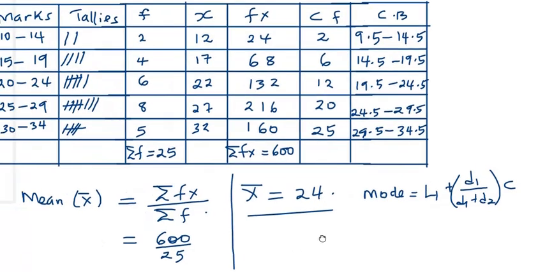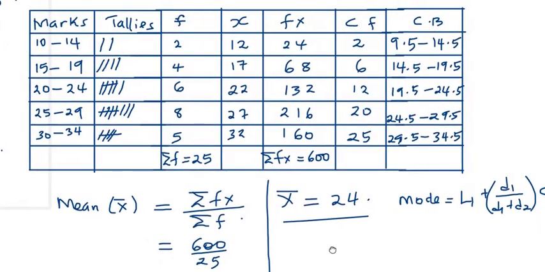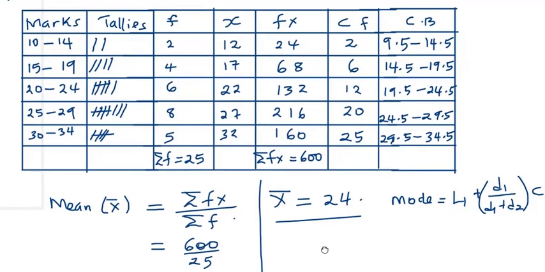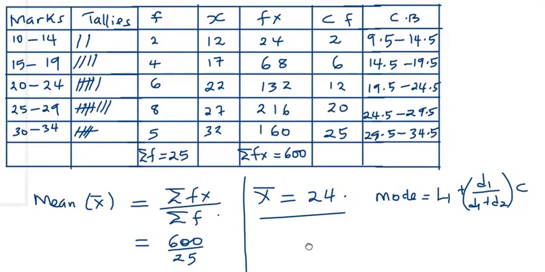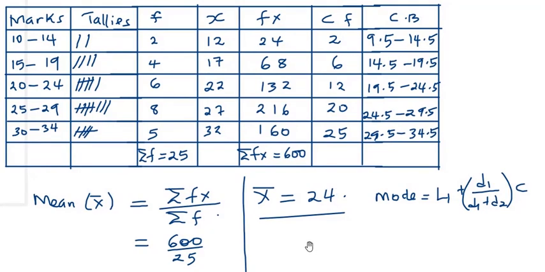Now, for the case of grouped data, it's not obvious, so we have to find it, okay? But this time, we have to know that the mod again should be coming from the model class. So we are going to first identify the model class as the class with the highest frequency. So the model class is this here, 25 to 29, because it has the highest frequency as 8.